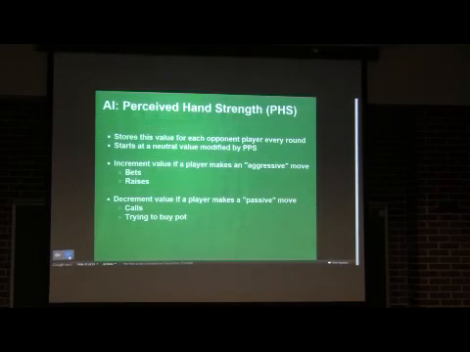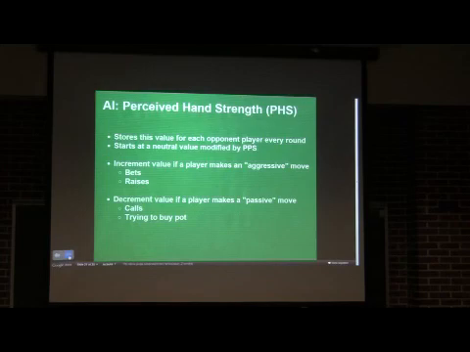It starts at a neutral value until we get a better idea of what they have, but it's modified by their PPS. So we're going to feel more of a threat from a stronger player than a weaker player, especially if we think they also have good cards.